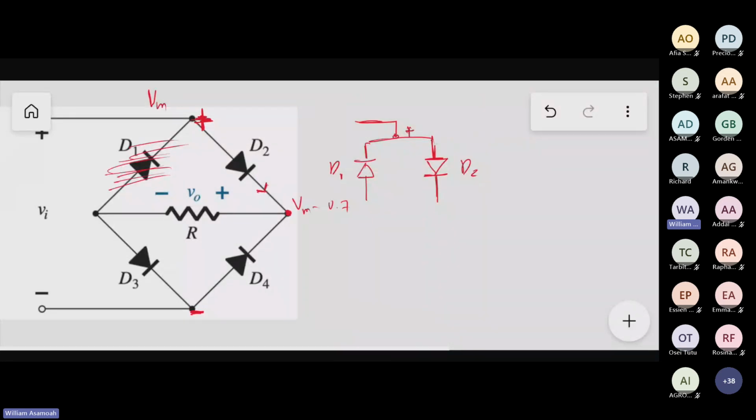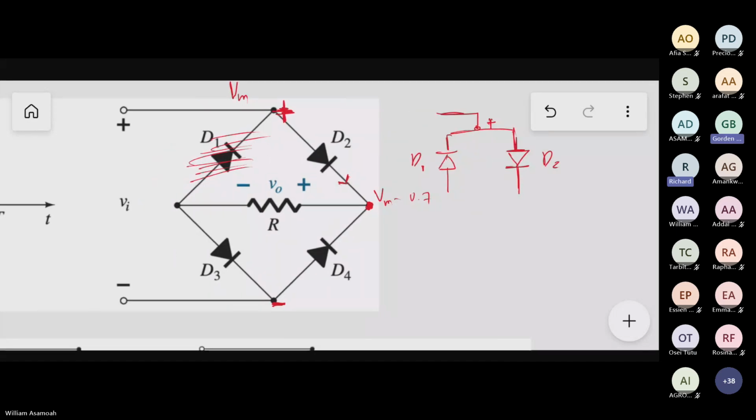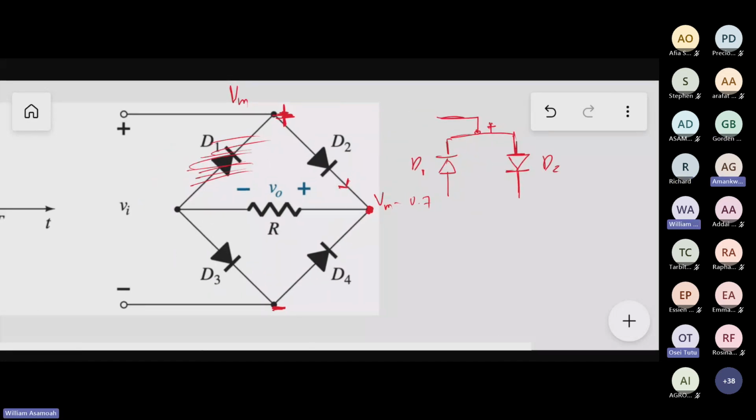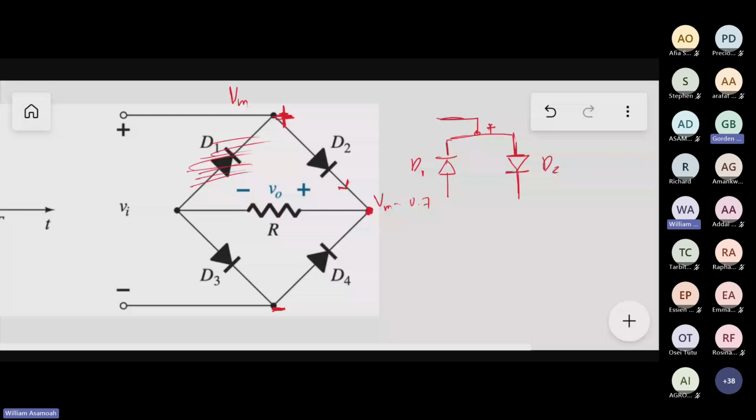Would D4 be forward biased? No, it won't be. It is reverse biased, so current won't flow there. It will flow through this one.